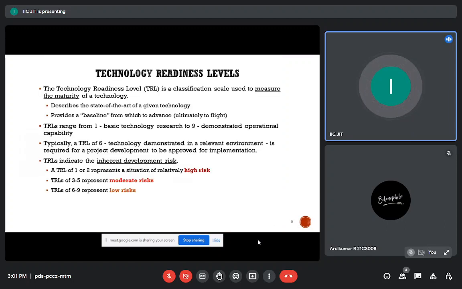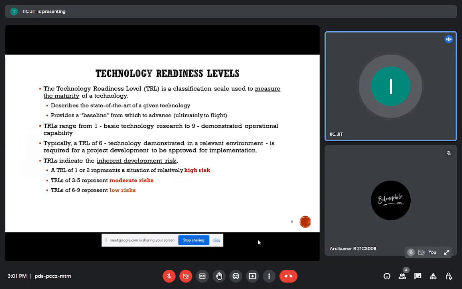What is the TRL? The TRL stands for Technology Readiness Levels. The technology readiness level is a maturity of the technology. Where does your idea stand? Where does your prototype stand? Where does your proof of concept stand? What is the level of maturity?